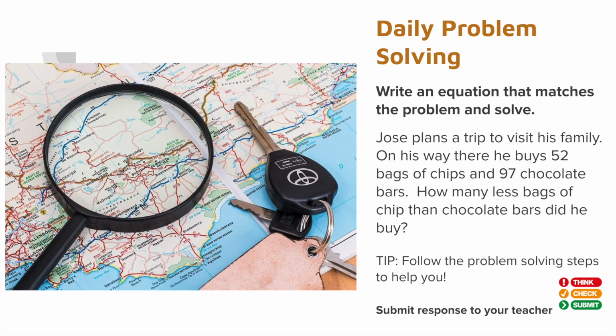Right? What are we trying to find out? Or what do we need to know? Yes, we need to know how many less bags of chips than chocolate bars did he buy. How many less means compare, right? Or subtract. So go ahead and solve your problem. Send me your work once you have finished.